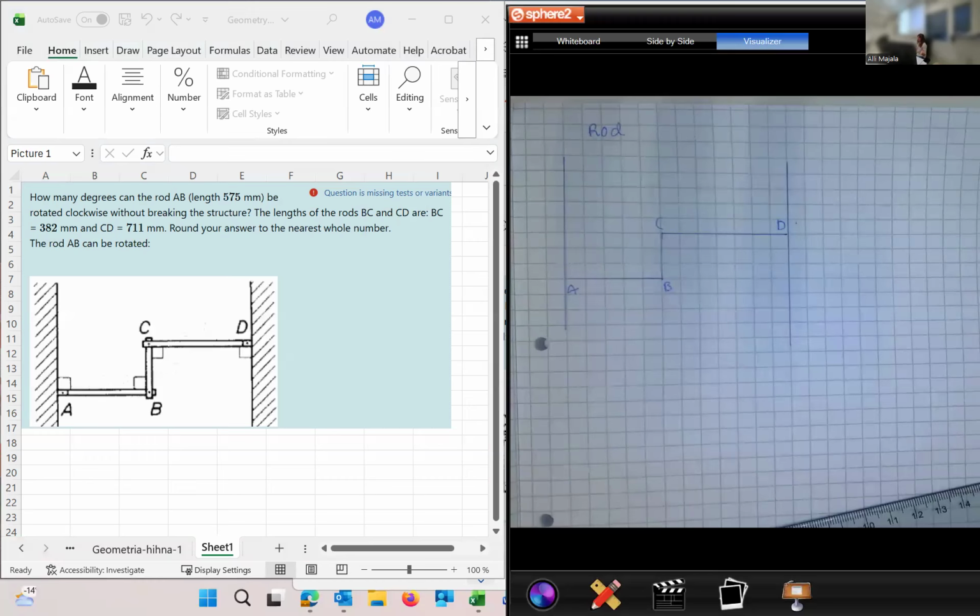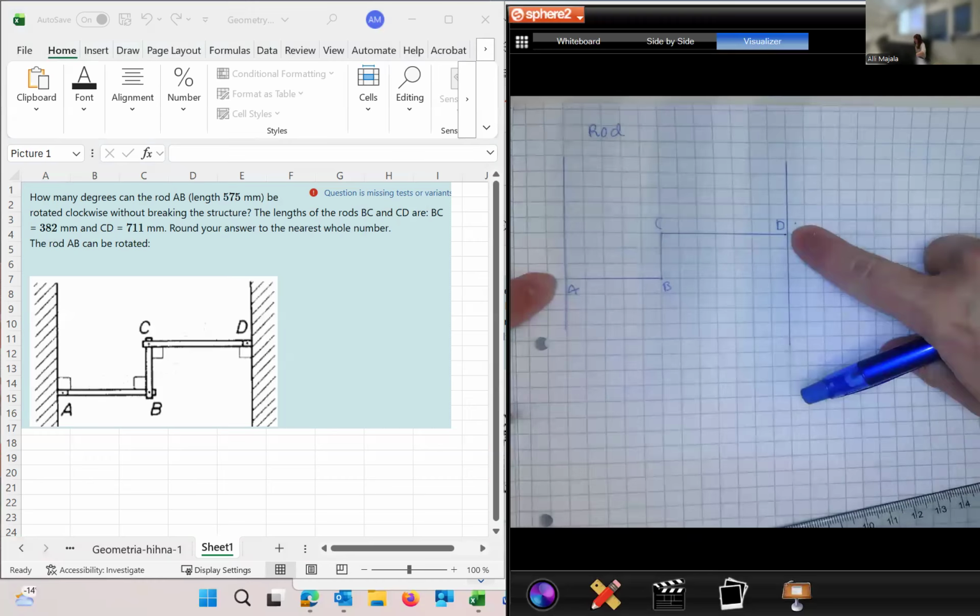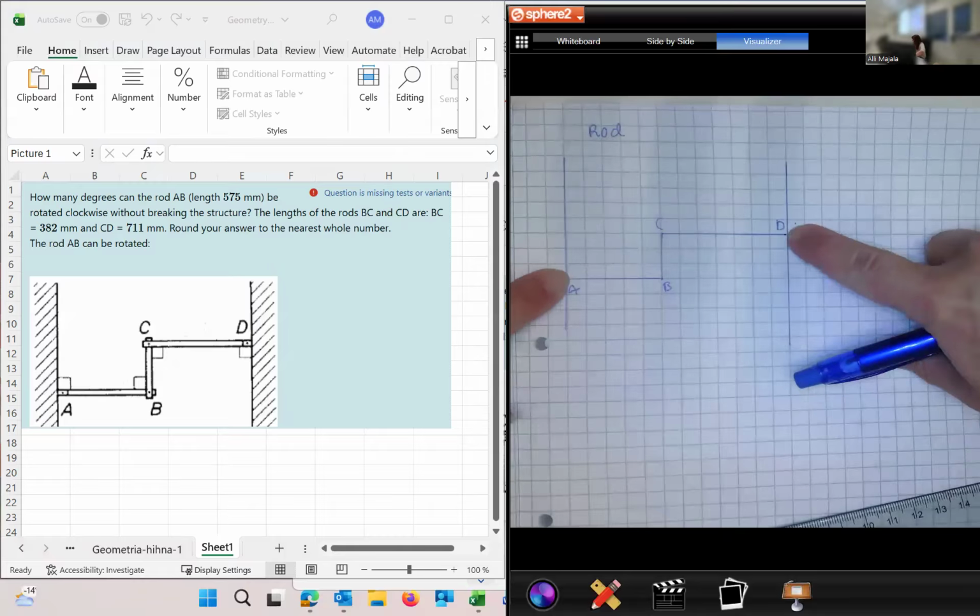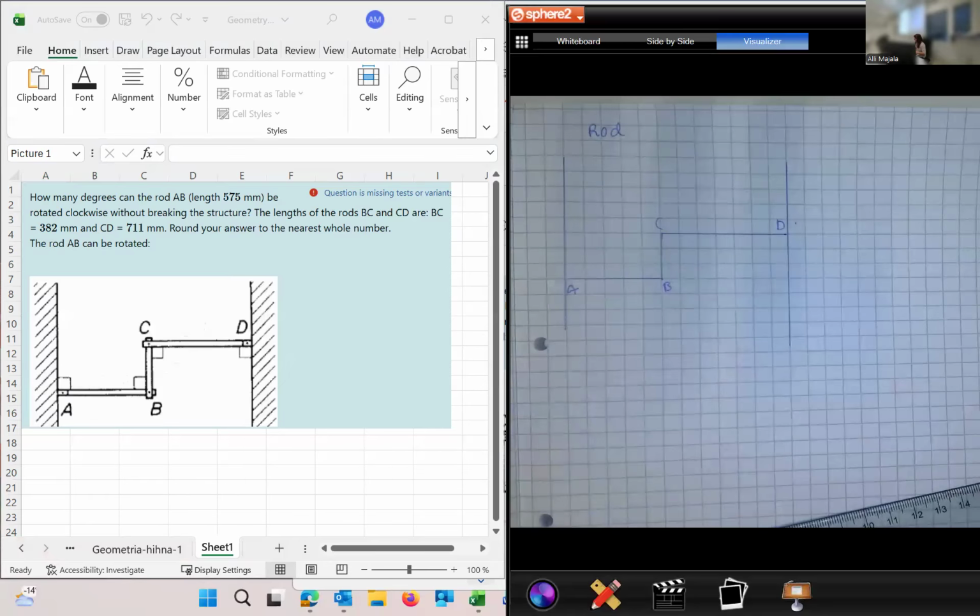You drop it down, but this should still stay here. So obviously also this joint here has to go somewhere else if this drops down.